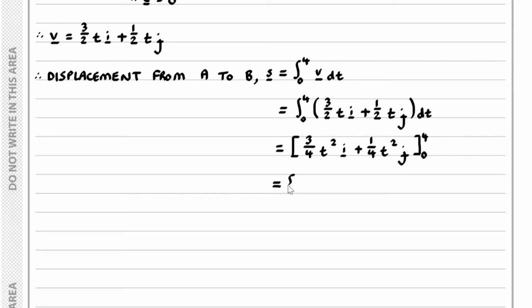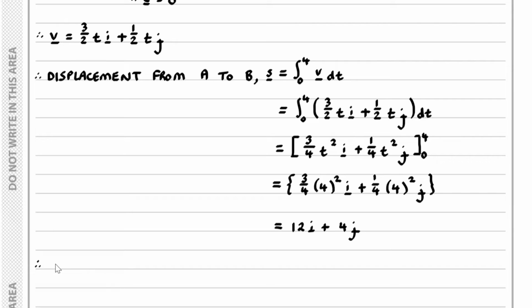And so working this out for our upper limit, we would have 3/4 times 4 squared i plus 1/4 times 4 squared j. And for our lower limit, we would just have 0. And so therefore the displacement from A to B will be given by 12i plus 4j.